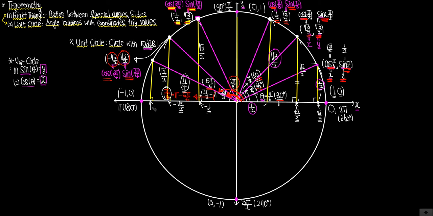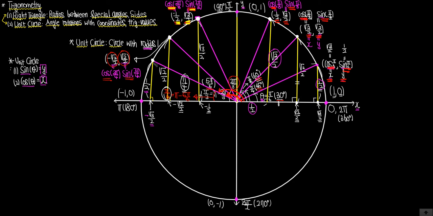For this triangle, when it is 30 degrees, the x coordinate will be square root of 3 over 2, and the y coordinate will be 1 over 2. However, we need to remember that on the unit circle, in the second quadrant, the y value is positive and the x value will always be negative.